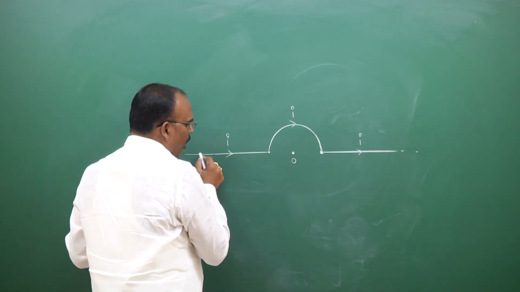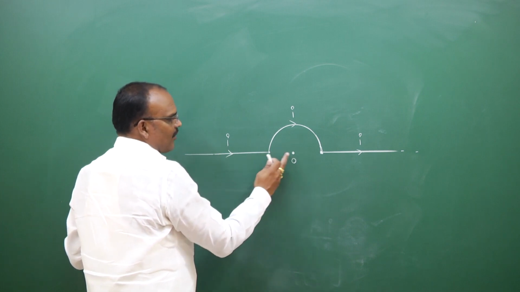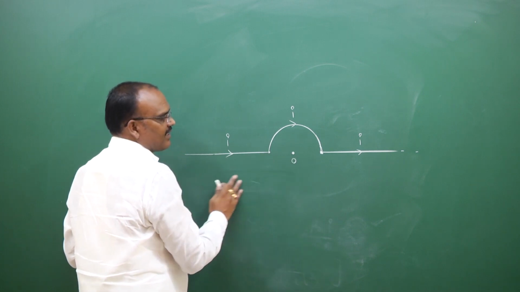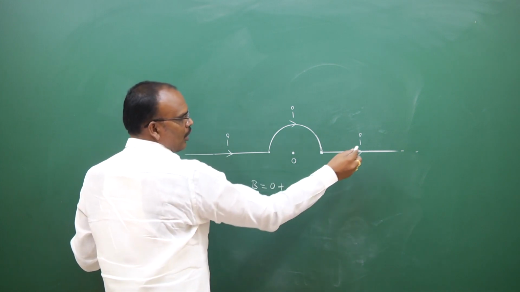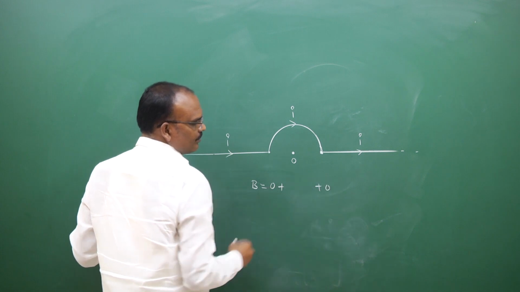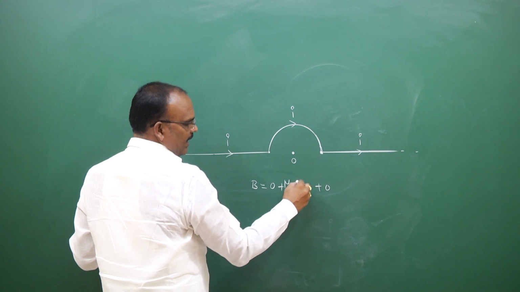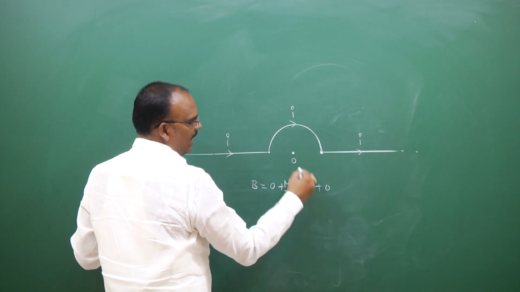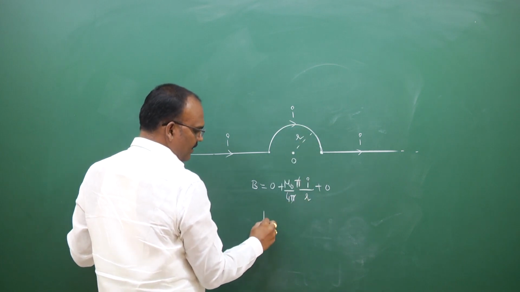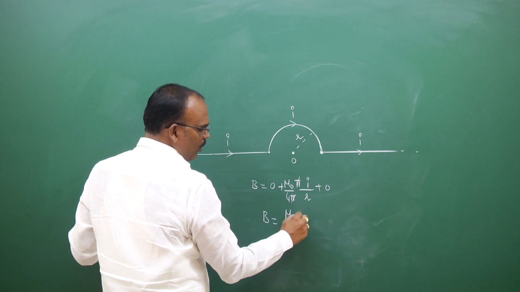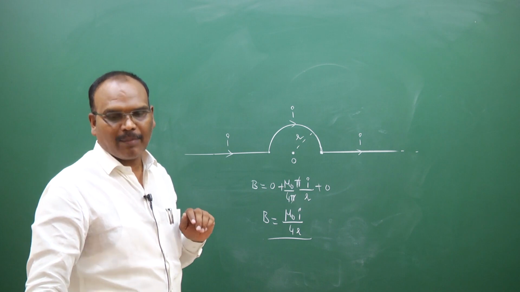But this point is along the axis of a conductor. Along the axis of a current carrying conductor, magnetic field is 0. So B is equal to, due to this conductor is 0, due to this conductor is also 0, but due to this conductor, mu naught by 4 pi, theta is pi, I by the radius is given as r, then r. So this is cancelled. So magnetic field you will get mu naught I by 4r. Okay.